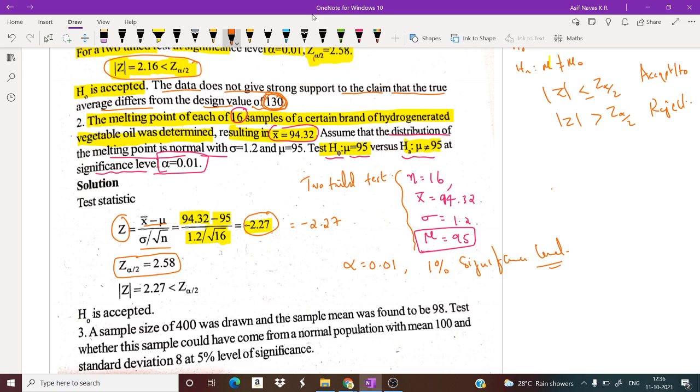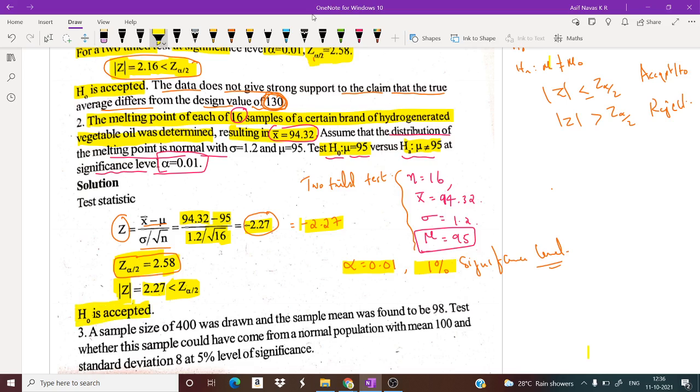As earlier, in a two-tailed test, if alpha is 1%, then z alpha by 2 from the table is 2.58. Therefore, mod z is 2.27, since z is minus 2.27. This is less than z alpha by 2. Therefore, H naught is accepted.